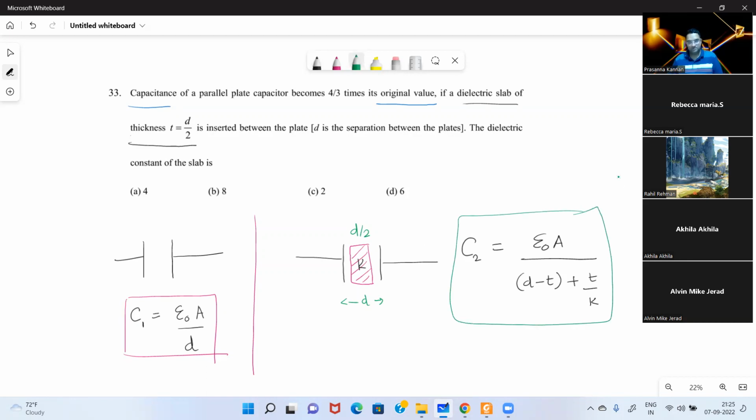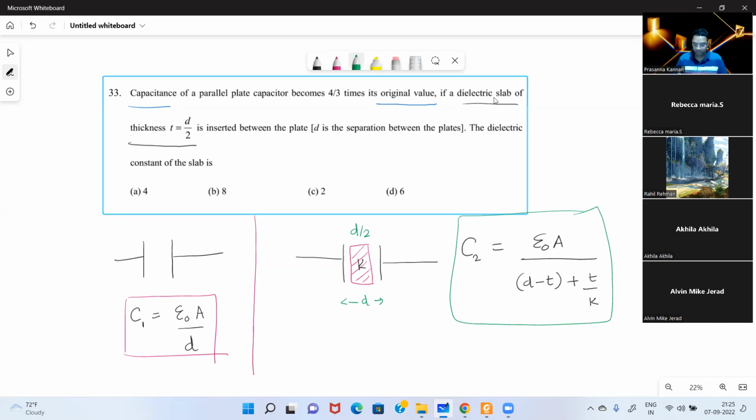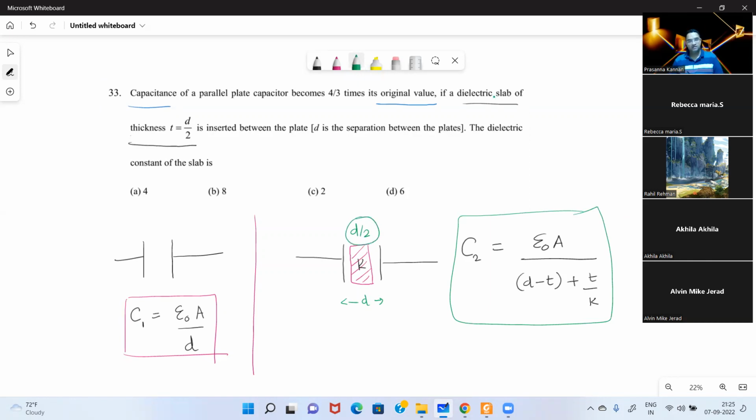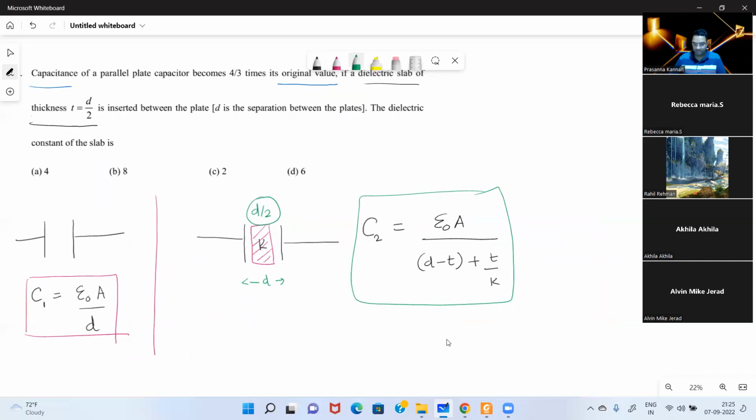So here, what is T equal to? T is equal to D by 2. Let's substitute that in the formula.